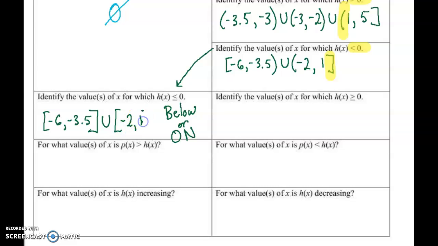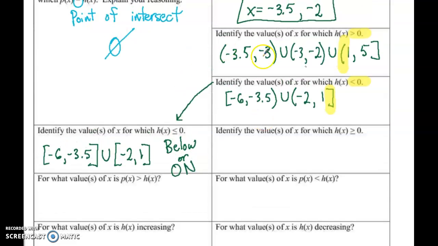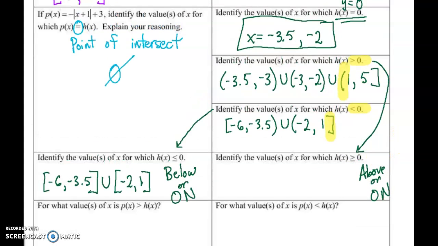Negative 2 to 1. And I'd really say the same thing. Not sure why they went in this order, but that's a similarity with this one. Now, if it's undefined, it's undefined. You can't change it. What changes is it's above or on the x-axis.